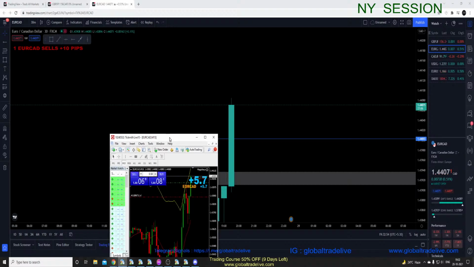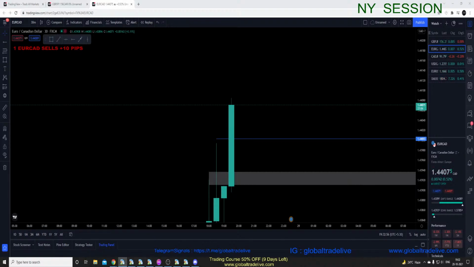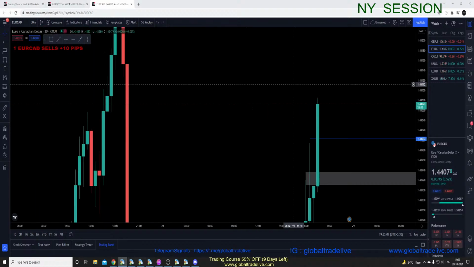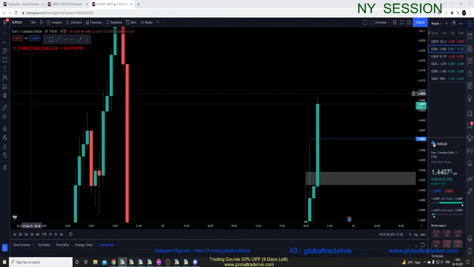So this is the trade I took in EURCAD, running in 6 pips of profit. I just need volume in the market now, which can take the price all the way up to at least this level.